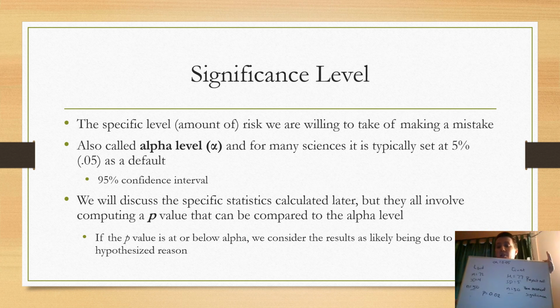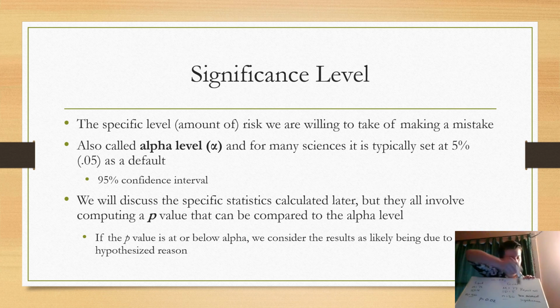Now, this can easily change. If we were to change our alpha value to 0.01, which is another alpha value that people use, then actually we would not have statistical significance because our p-value is greater than alpha.